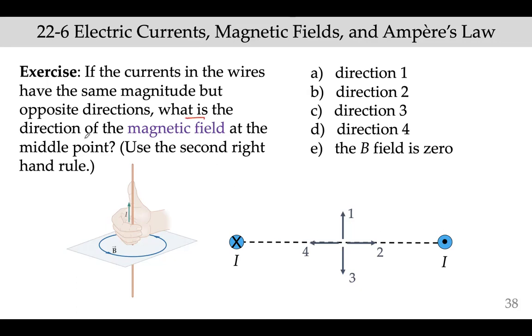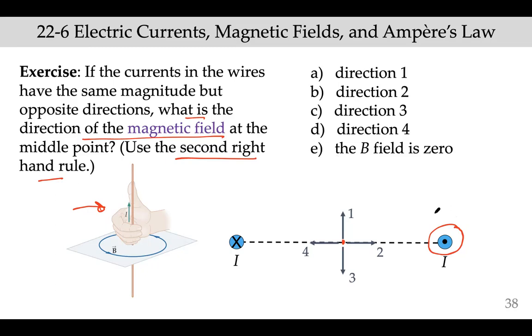The question is, what is the direction of the magnetic field, the total or net magnetic field, at the middle point? Now, you have to use the second right-hand rule, which is shown here. Now, for this one, imagine that you curl this wire in a way that your thumb points out of the screen towards you.